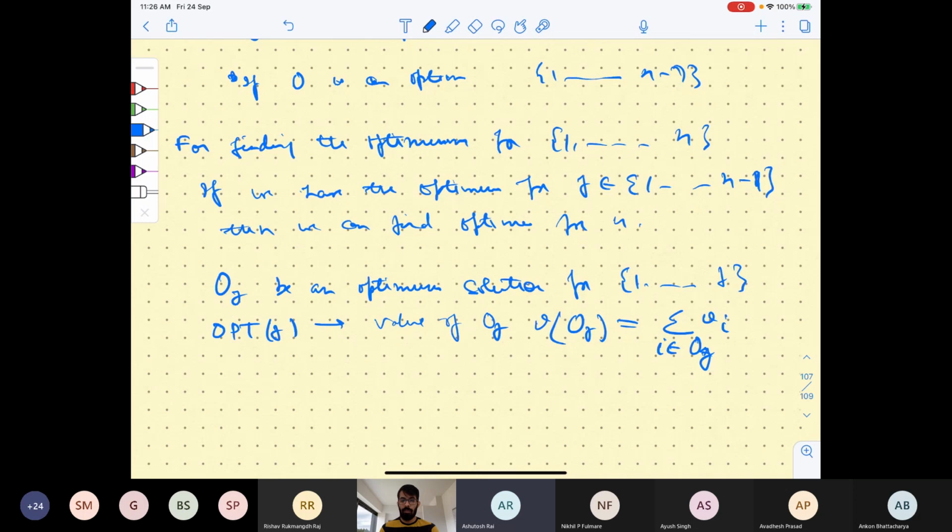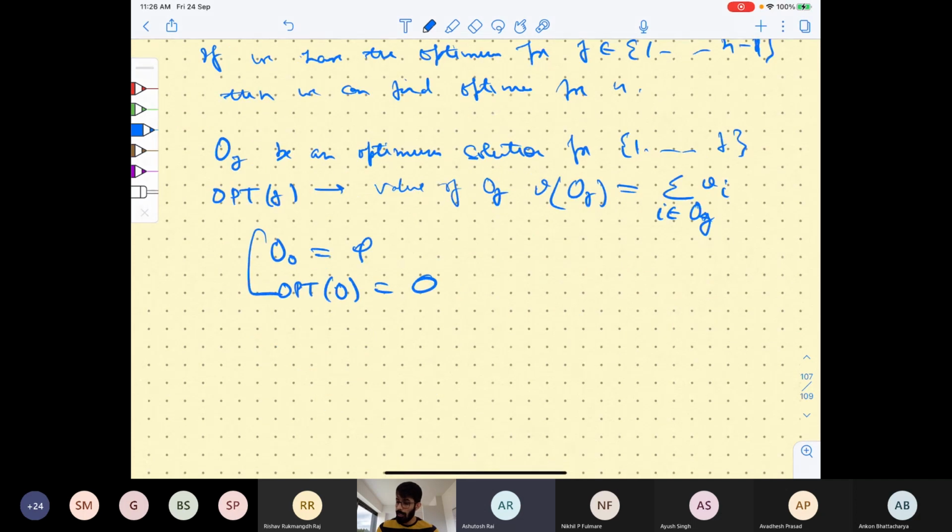That is opt j. And to initialize things, we say that O0 is equal to the empty set, and opt 0 is equal to 0. So this is the initialization. Good.